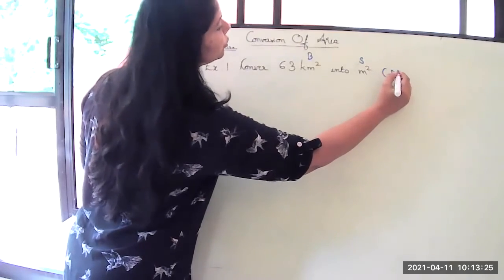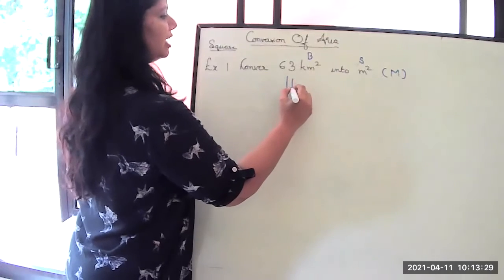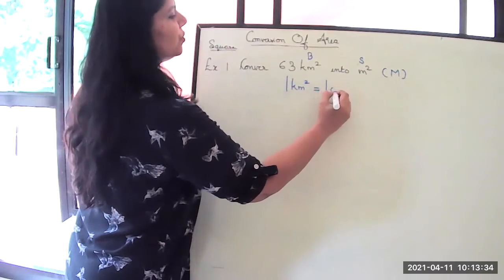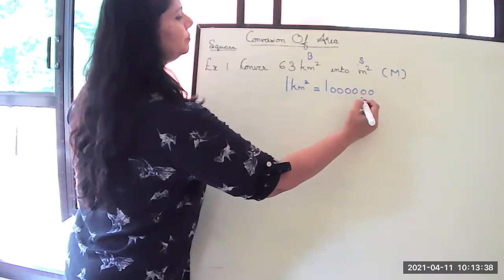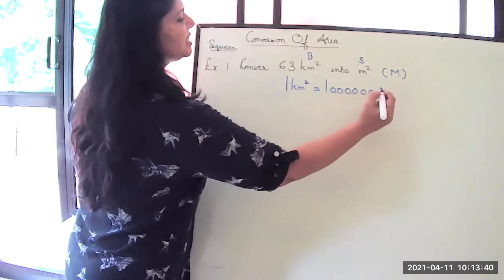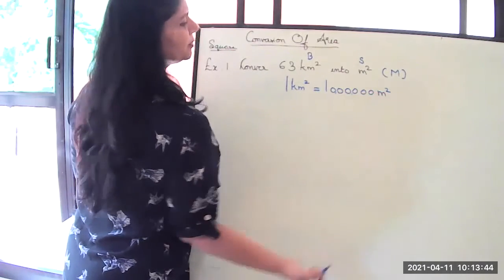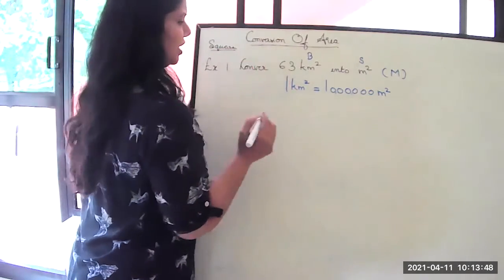So we have to multiply. Then 1 kilometer square is equal to 10 lakh meter square. Okay, 1 and 6 zeros.